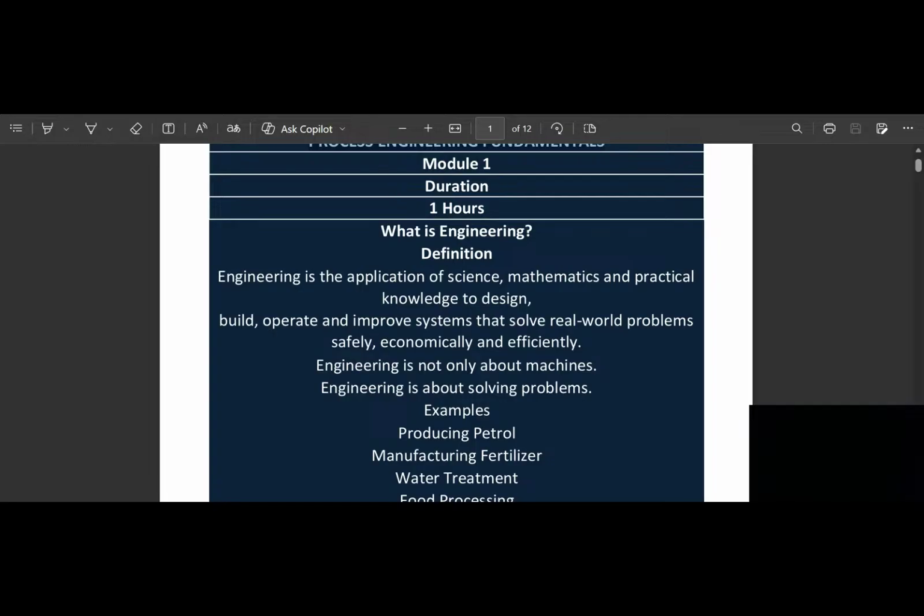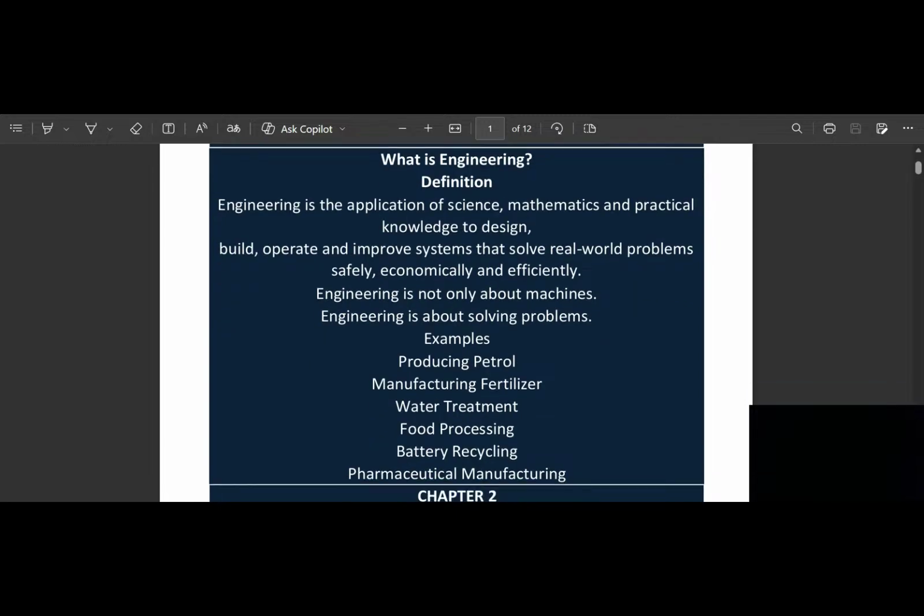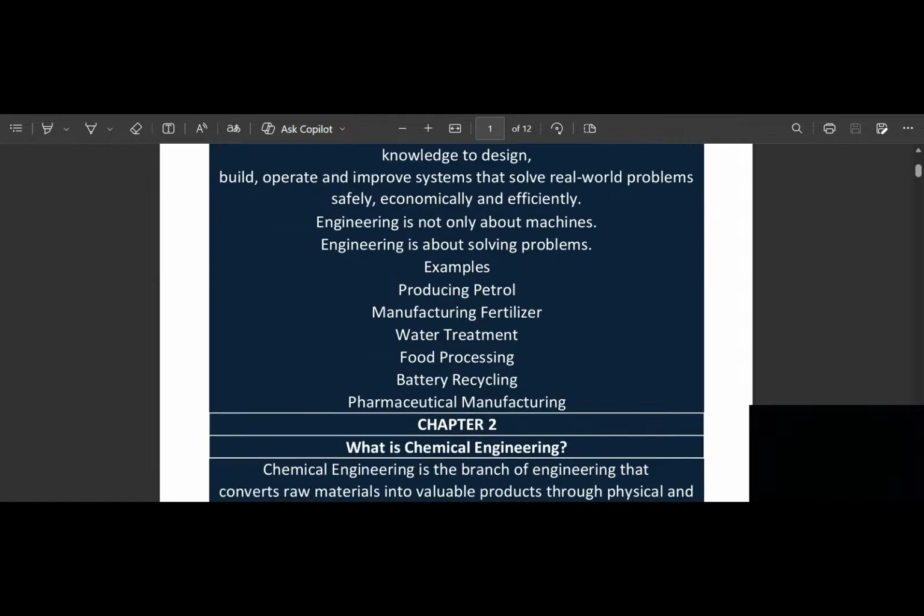Engineering is the application of science, mathematics, and practical knowledge to design, build, operate, and improve systems that solve real world problems safely, economically and efficiently. Engineering is not only about machines, engineering is about solving problems. For example, producing petrol, manufacturing fertilizer, water treatment, food processing, battery recycling, and pharmaceutical manufacturing.